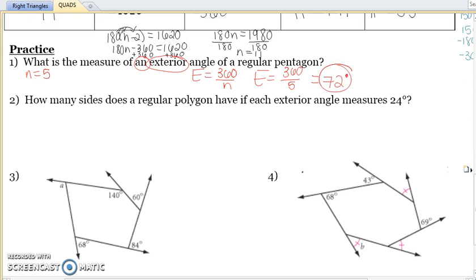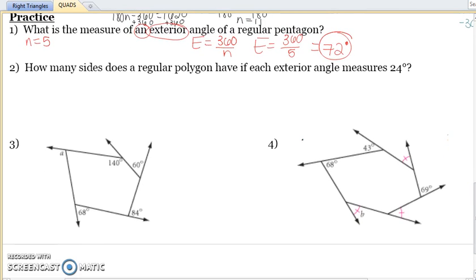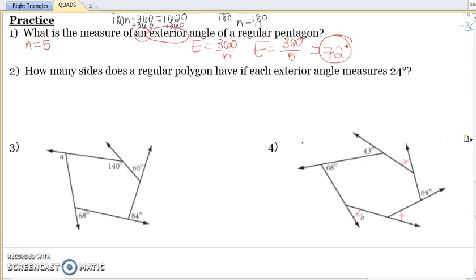For number 2, how many sides does a regular polygon have if each exterior angle measures 24 degrees? So we are given each exterior angle. So we know that we're going to be talking again about this formula that we just used. Each angle measure is 24. So E is equal to 24. So we have E is equal to 360 over n.